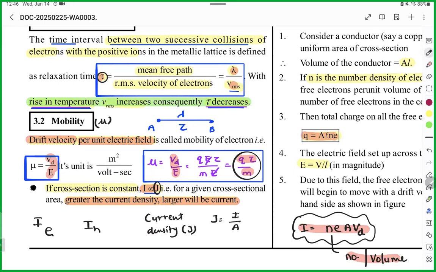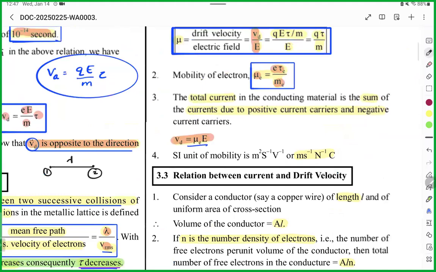So the more the current density, the more will be the current, right? Because if J is more, I is more. But at the same time, it is mentioning the cross section should be the same. If the area is the same, the current density will depend upon the current, right?